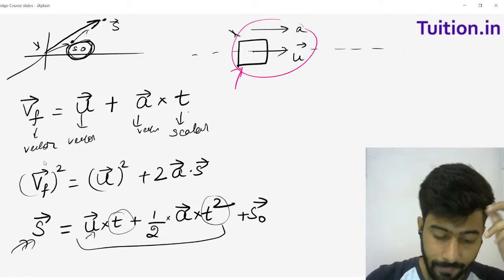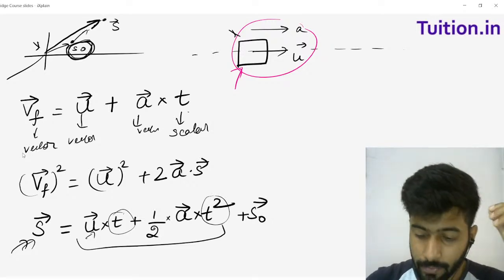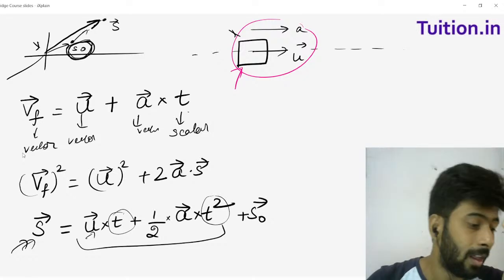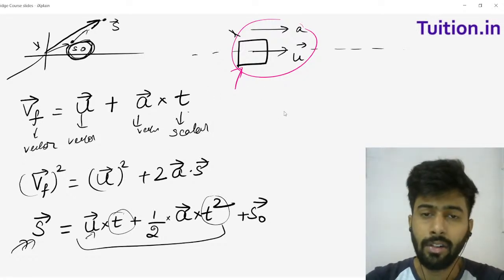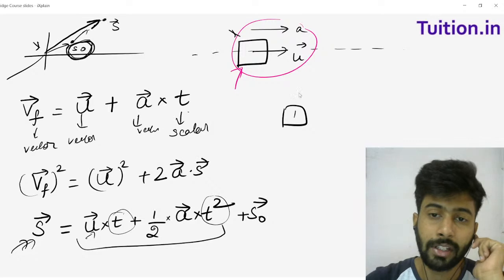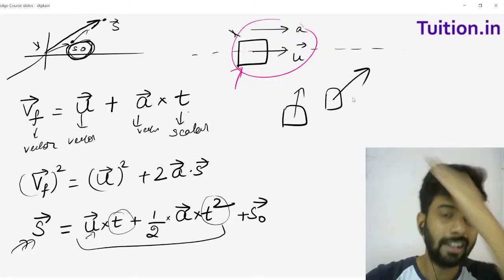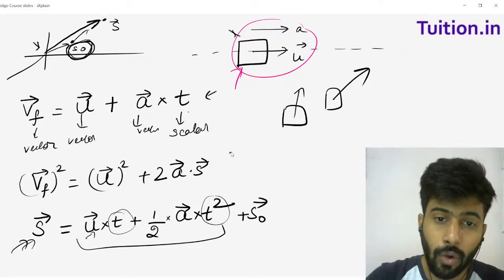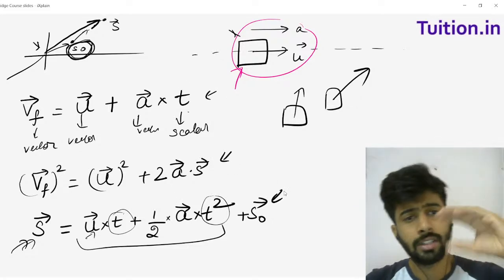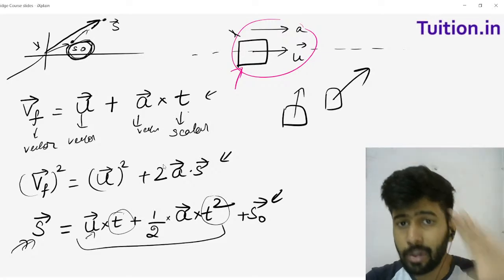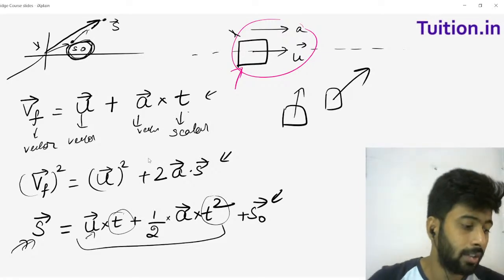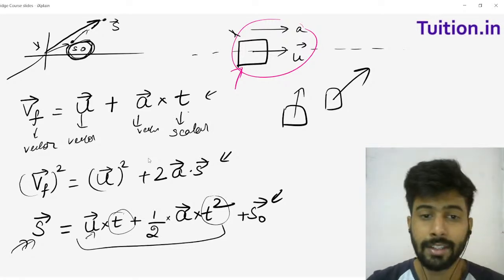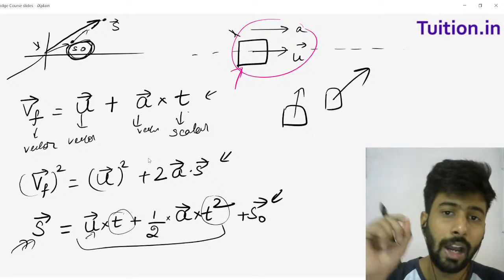So please don't worry, because the concept that I'm giving you is extremely powerful, and it will ensure that if the object is thrown up or if it's thrown along some diagonal, no matter which direction it is thrown, no matter how it's moving, it will always obey these rules. So you just need to understand and remember these 4 equations, and with the help of this you can handle any motion.